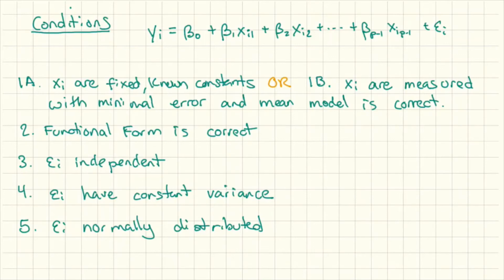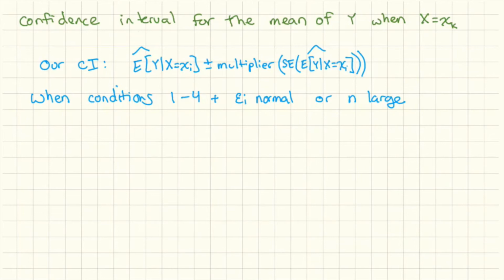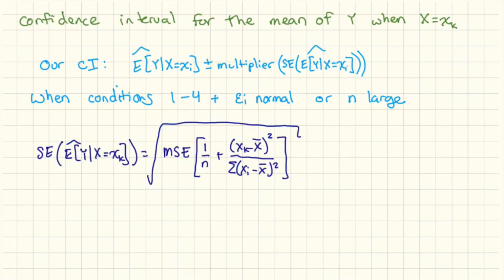For these intervals, we need 1 through 4, but for 5, we either need those residuals to be normally distributed, or we need our n to be large. So when we have conditions 1 through 4 and our residuals are normal or our n is large, then we use this for the standard error.